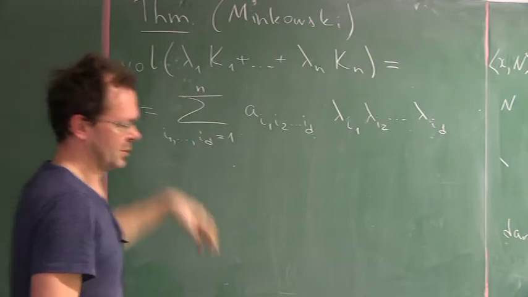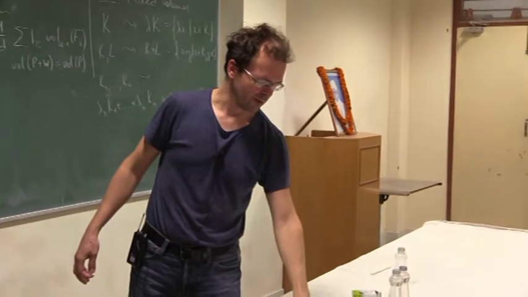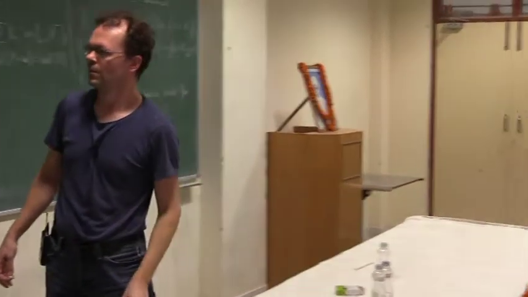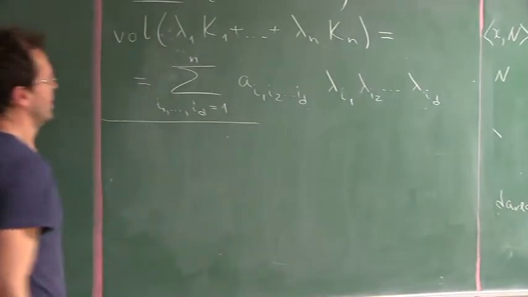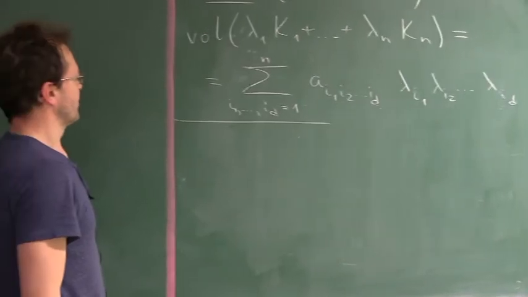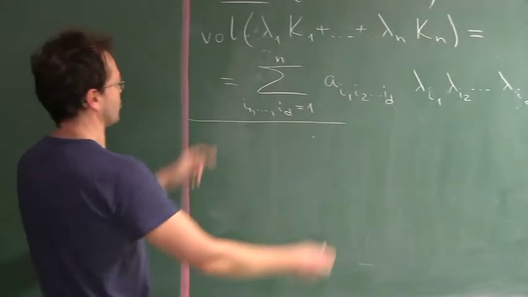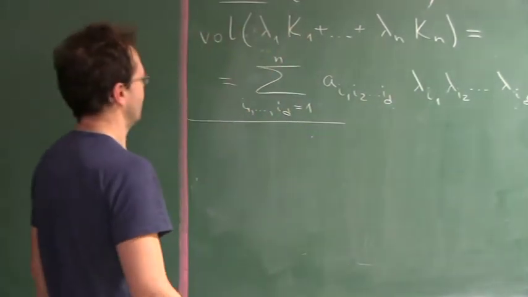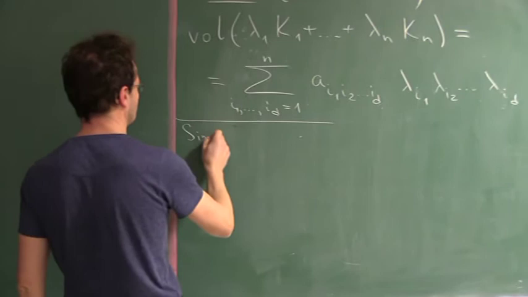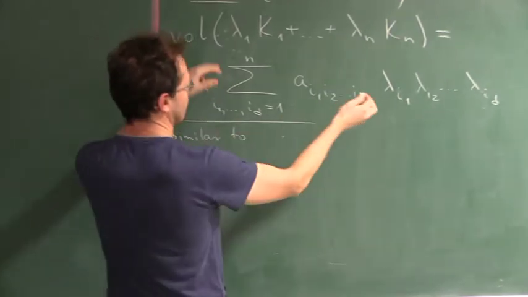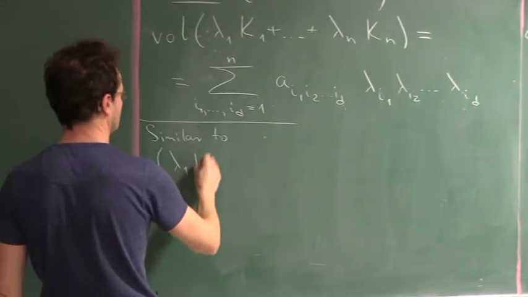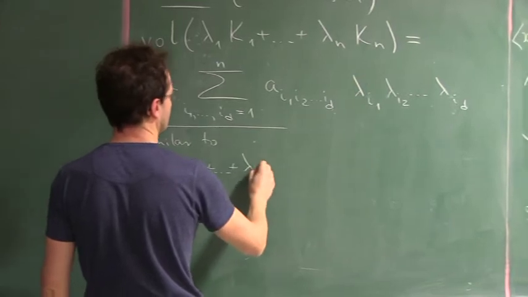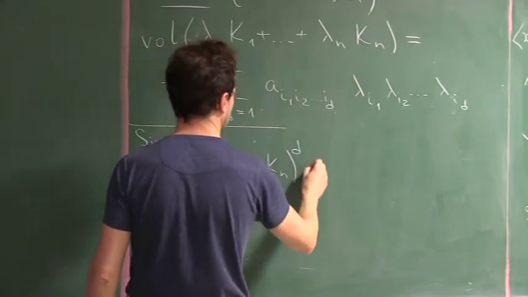So let us play a bit with this statement, because it is very general and not very appealing at first sight. In fact, one can see it as a sort of multinomial formula, because this is similar to taking just the dth power of this linear combination. So we write lambda 1 K1 plus so on plus lambda n Kn to the power of d.